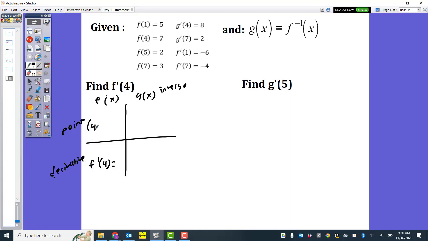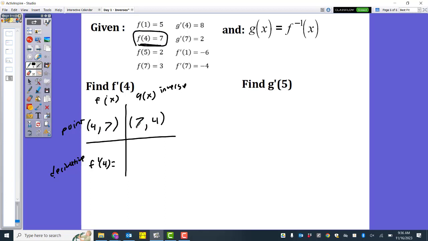So that's the x value of our f function, which, since these are inverses, would be the y value of our g function. Alright, well, we can look and see where does g have a y value of 4, or where does f have an x value of 4? What information do we have here? Well, we see here that f has an x value of 4 and the y is 7.